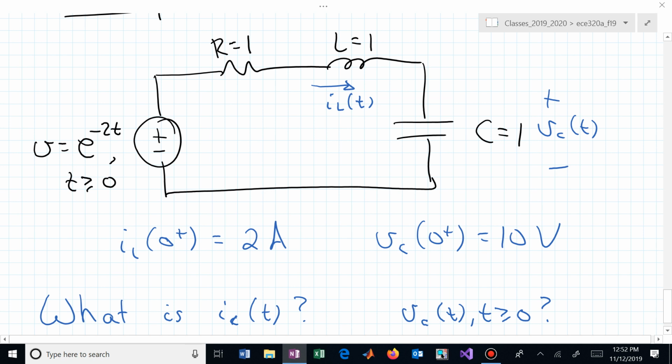We want to now find I sub L of t as a function of time and or V sub c of t. How do we want to analyze this? Now I'm flipping back into my textbook and I'm going, okay, what are my choices? If you go all the way back, now I'm stressing my memory, Chapter 4 talks about analysis strategies with resistive circuits.